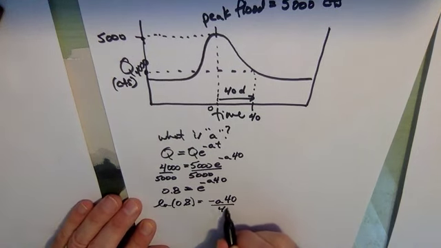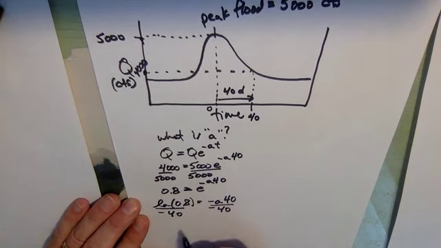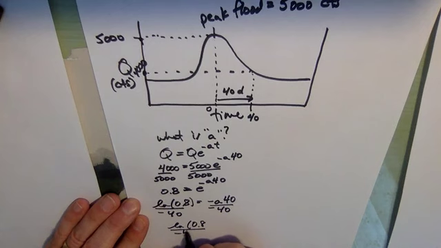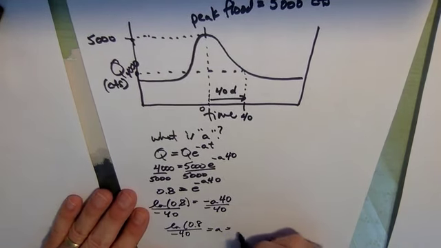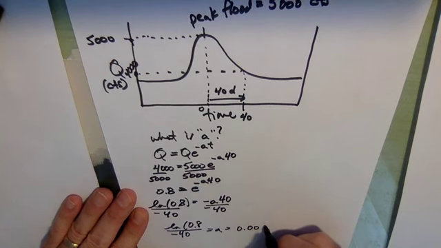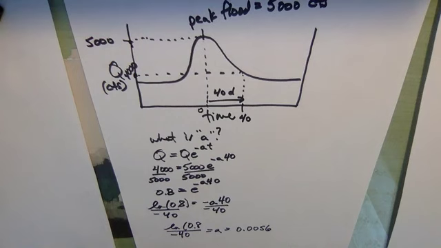Then you divide both sides by negative 40, and you get the natural log of 0.8 over negative 40 equals A, which equals 0.0056, something like that. Okay?